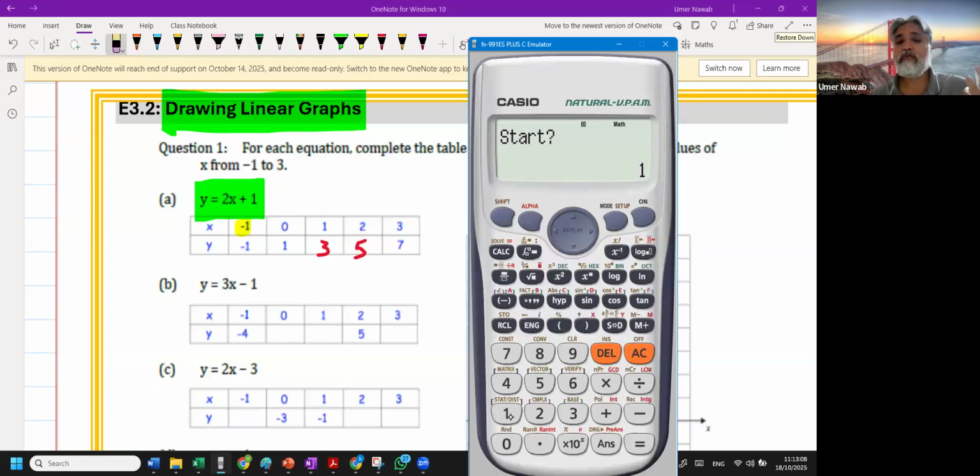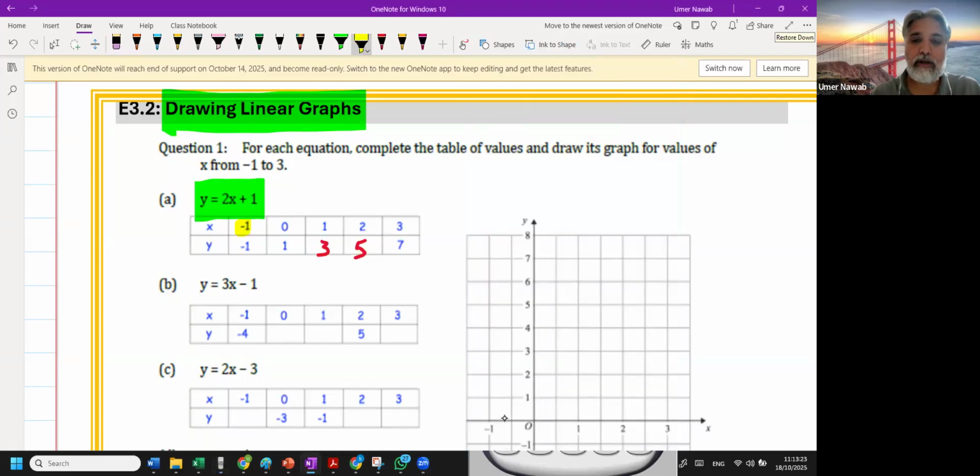Now, from which value of x do you want to start? I want to start from x equal to -1. So -1, press equal sign again, and then the calculator will ask you which value of x you want to stop at. I want to stop at 3. This is my start, and this is my end.